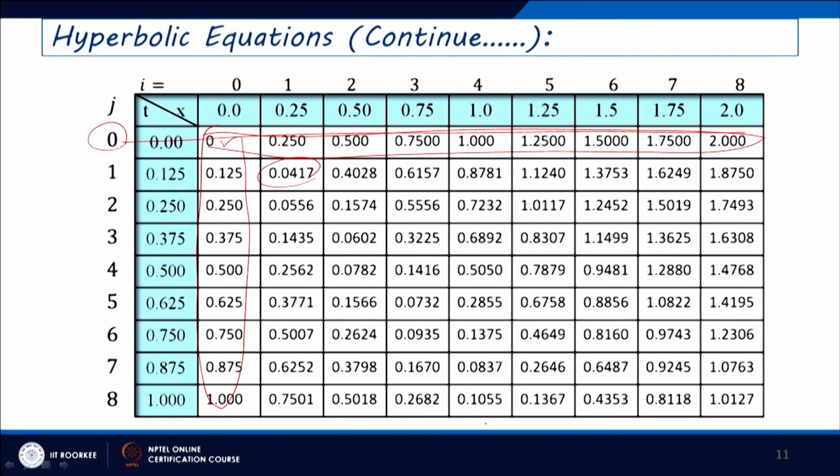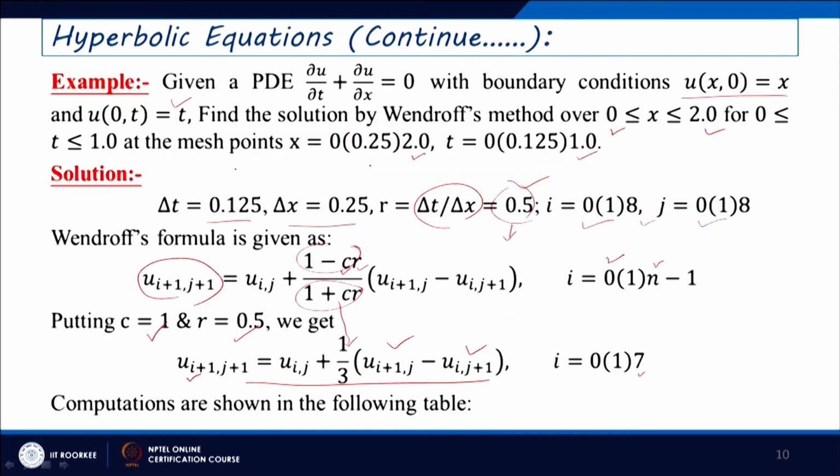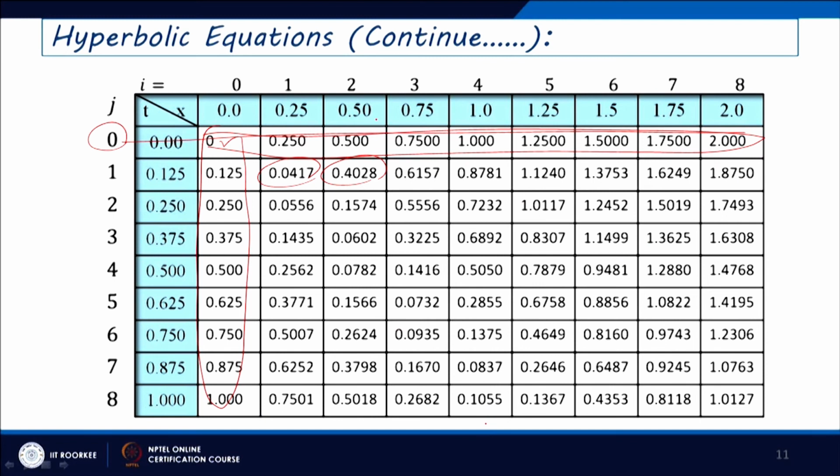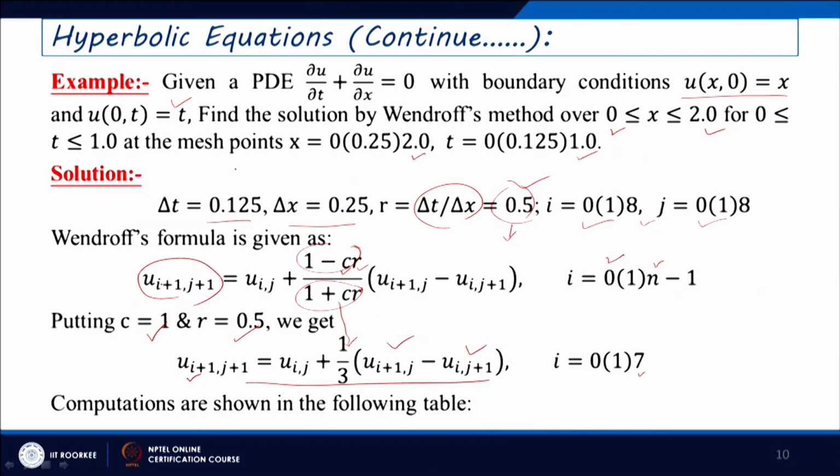So, if you go for this second value, in the step of j equals 1 and i equals 2, we can take this value as 0.4028. This means i equals 2 here, j equals 1, so we put i equals 1 and j equals 0 there. That will provide us the value of u 2 1.